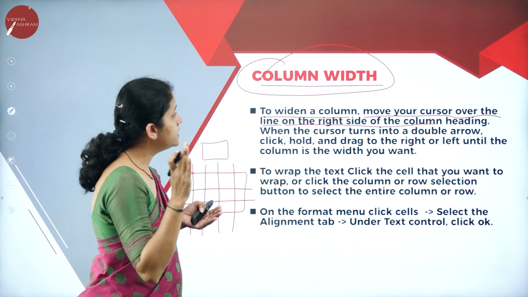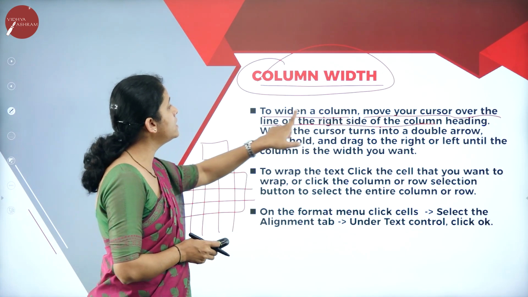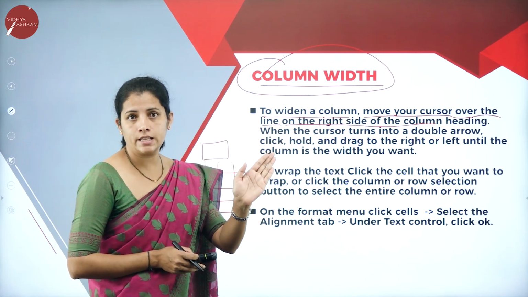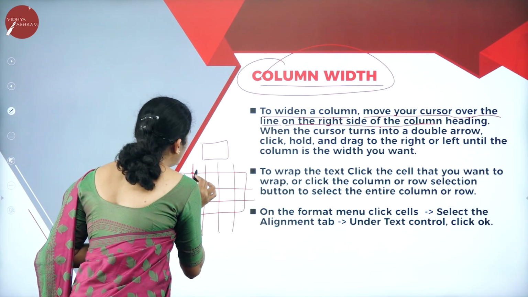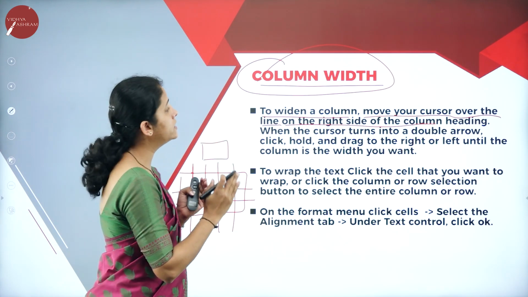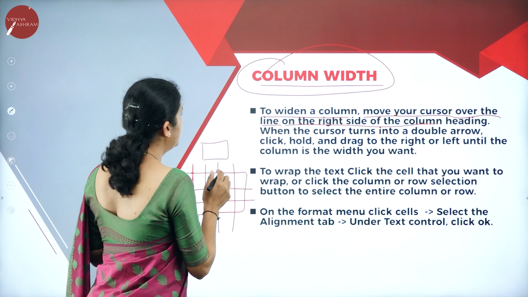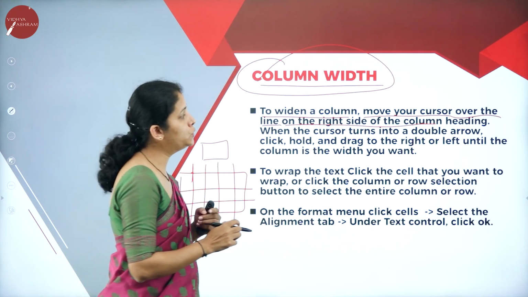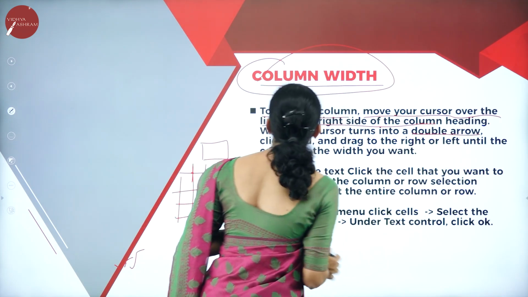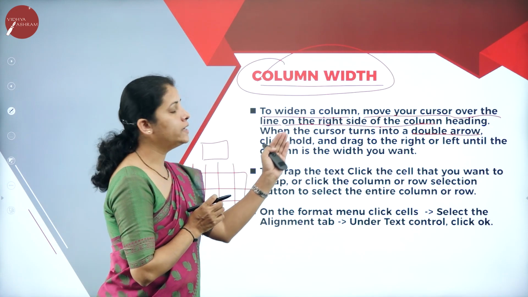Dear student, just remember that you want to move the cursor over the line on the right side. Always make sure that you move the cursor towards the right side of your column heading, and when the cursor turns into a double arrow, click, hold and drag to the right.